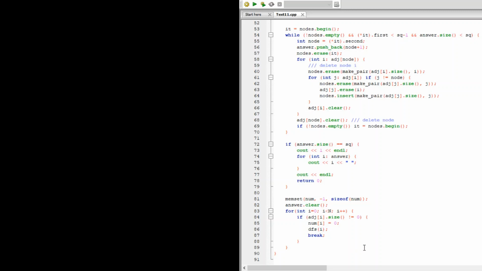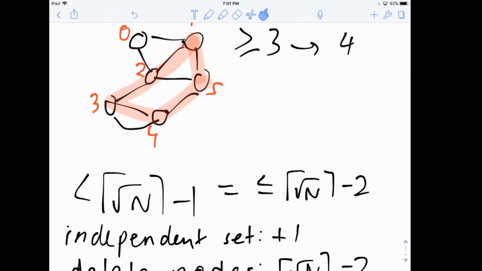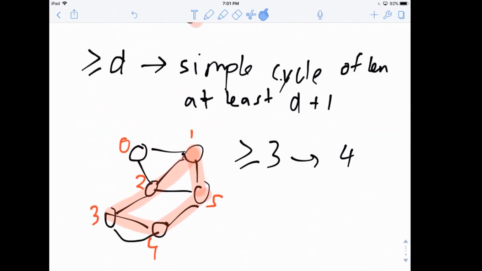Now, num will store, you recall from here, these red values here, 0, 1, 2, 3, 4, 5. Basically doing the same thing. We're picking a random value as our starting point.